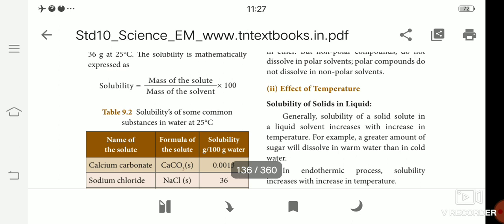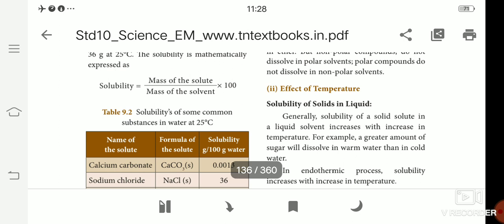In summary, there are three main factors affecting solubility. One is the nature of the solute and solvent, which can be a polar compound or a non-polar compound. Then the next is the effect of temperature, with two cases.